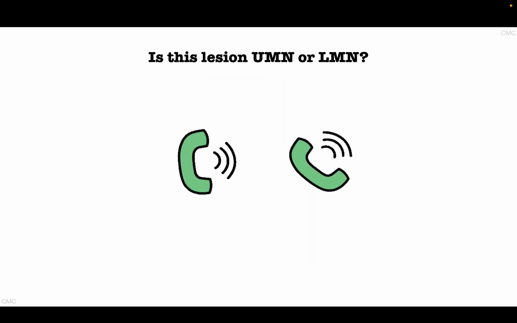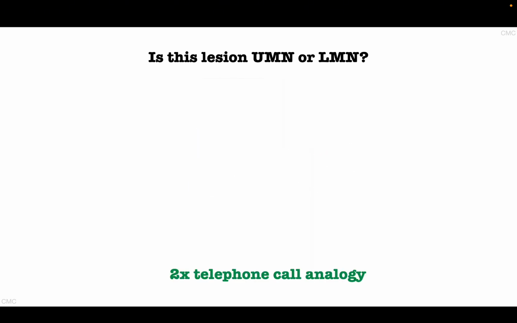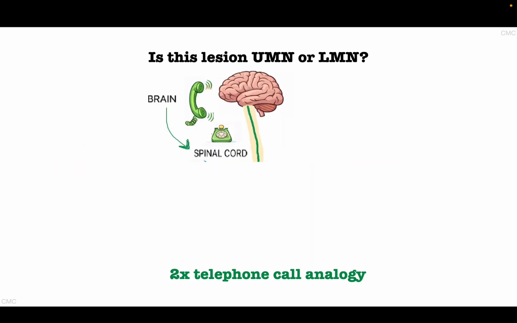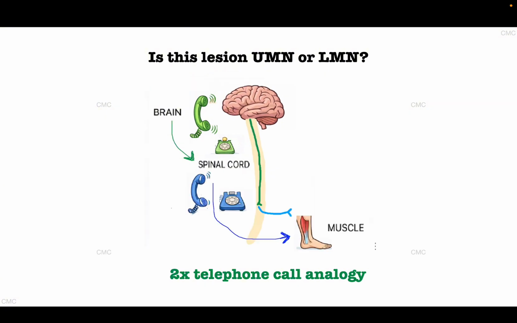A simple way to think about this is with a two-step telephone call analogy. So, if you want to move your leg, your cerebral cortex gives a ring to your spinal cord with the upper motor neurons. Let's call that line 1. It says, we gotta move that leg. The spinal cord receives that message and, using the lower motor neurons, let's call that line 2, delivers that message in question to your leg: you gotta move.